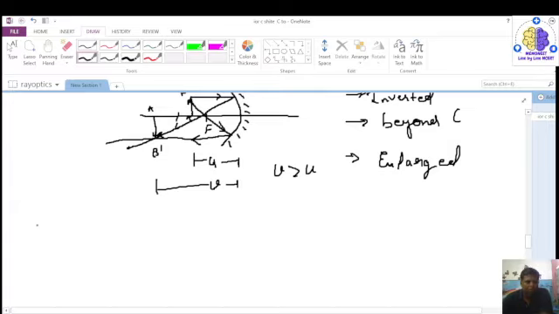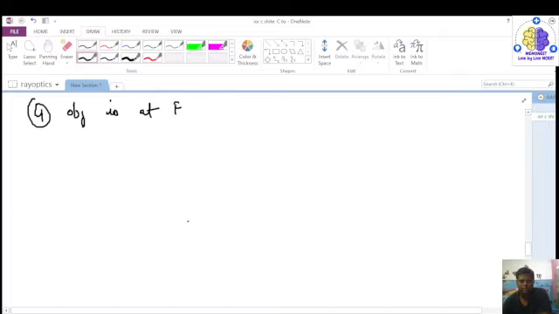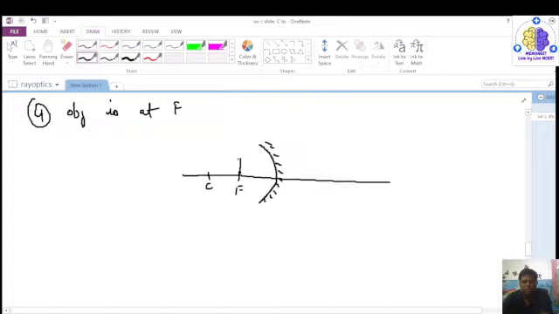Fourth position is when object is at focus, right? So when object is at focus, if this is the concave mirror and I draw the principal axis, let this be the center of curvature. So this could be the focus, and this is the object.